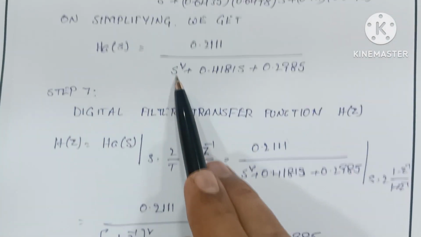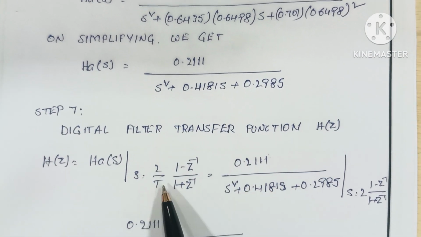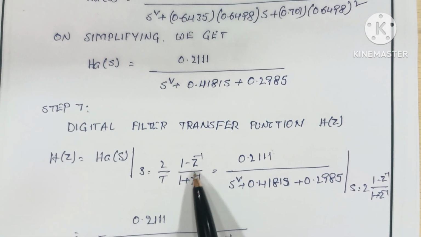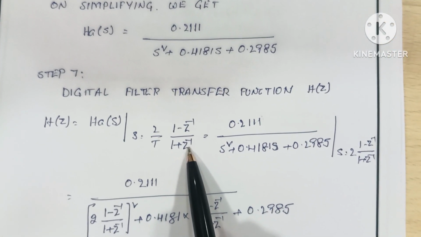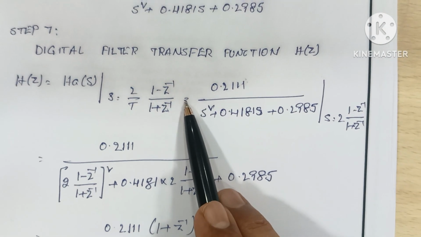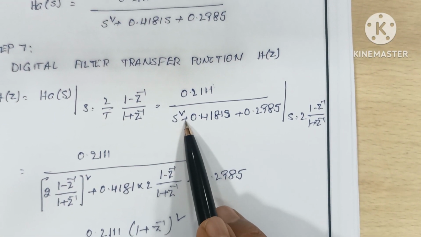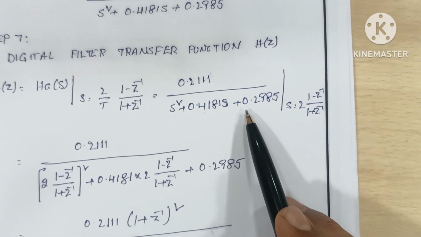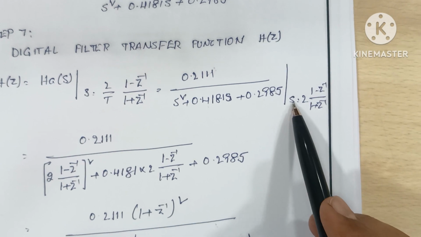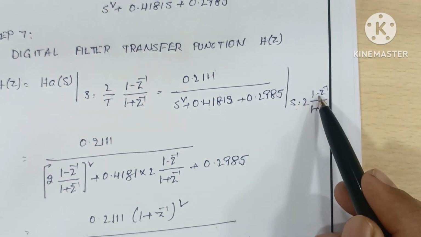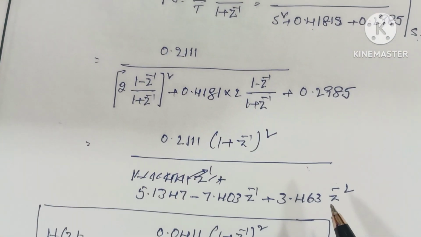So wherever you have s, s square, or s, substitute this. As all of you know, we are assuming that T equal to 1. Therefore, here the transfer function is 0.2111 divided by s square plus 0.4181 s plus 0.2985. And here we have to substitute s equal to 2 into (1 minus z power minus 1) by (1 plus z power minus 1).